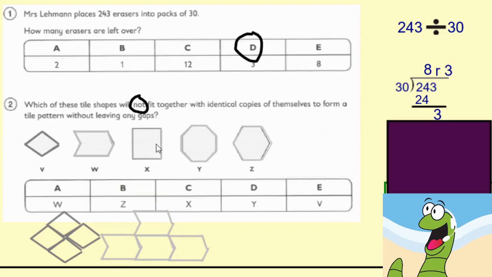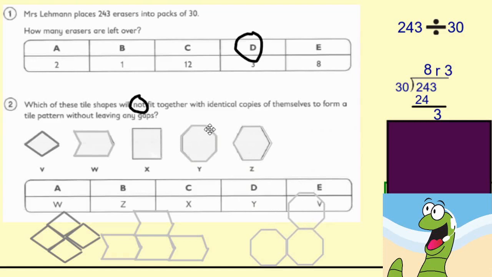Squares, well, you know that if you put a square, it's not going to leave any gaps. So look at this. There's one there, and there's another one. Let's bring them together. And there's another one. Can I fit that? No, that's not going to work.